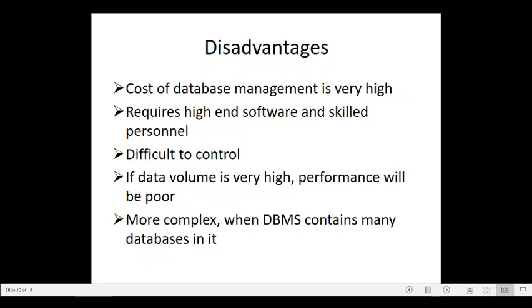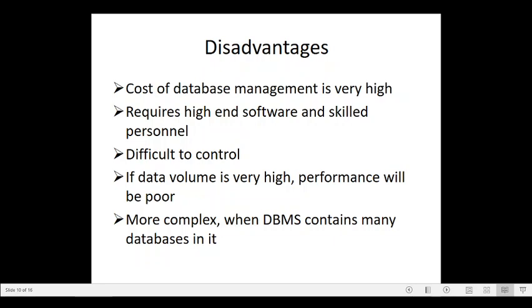The other disadvantage is that it is difficult to control and keep track of data accessed by users. Means to say, proper encryption and decryption techniques are required to secure data over a network.